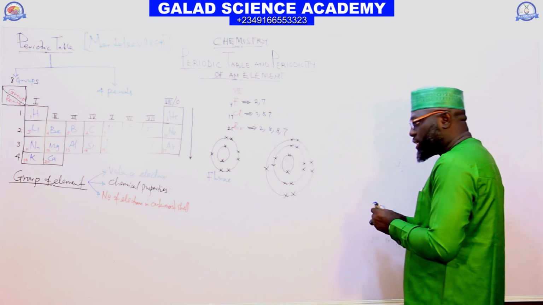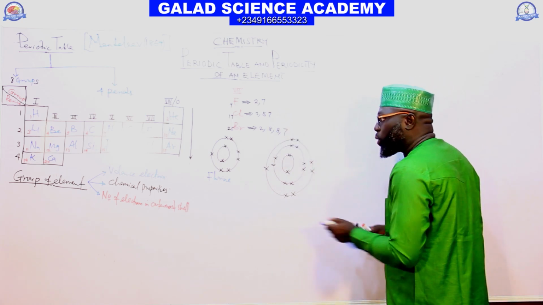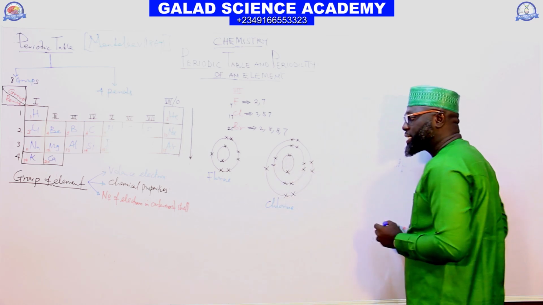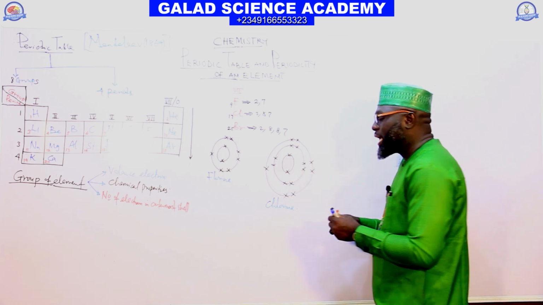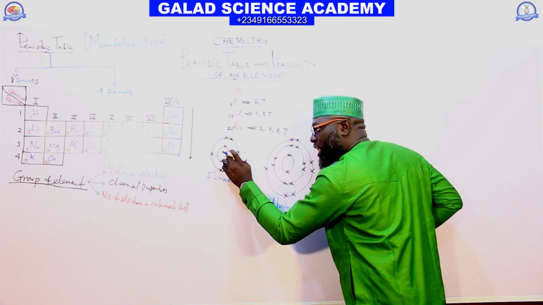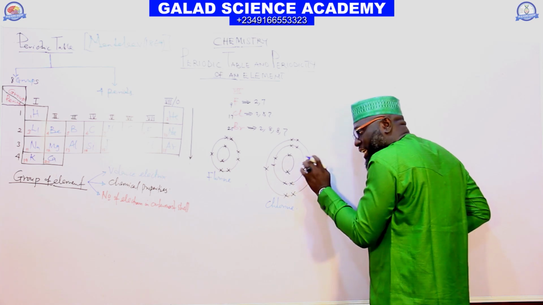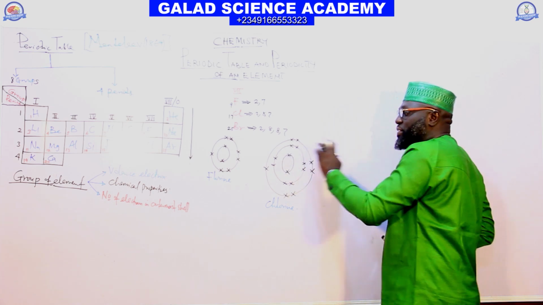So this is what we call chlorine. This is the inner shell, this is the middle shell, and here we have the outermost shell.